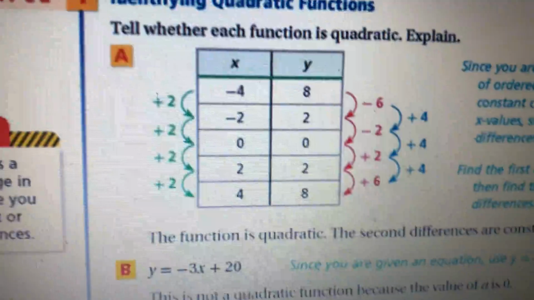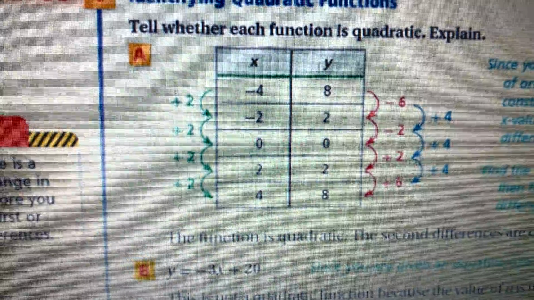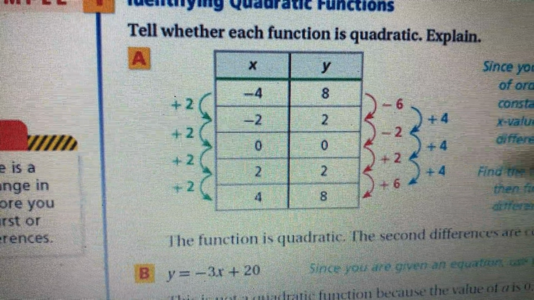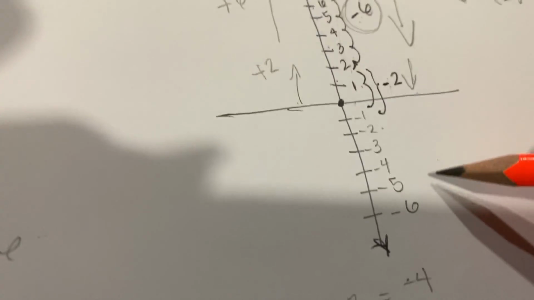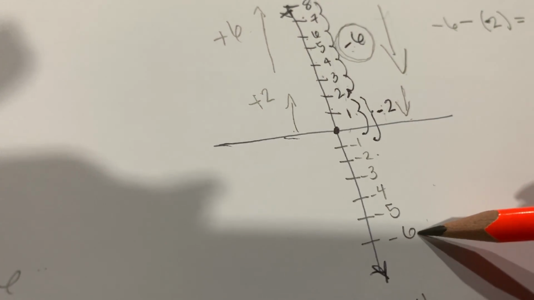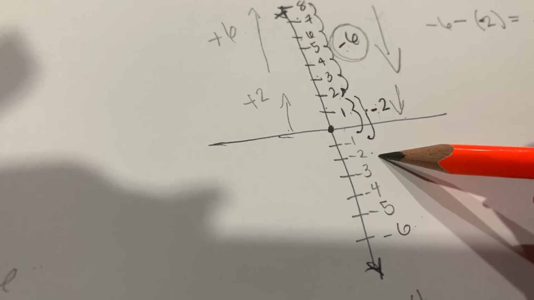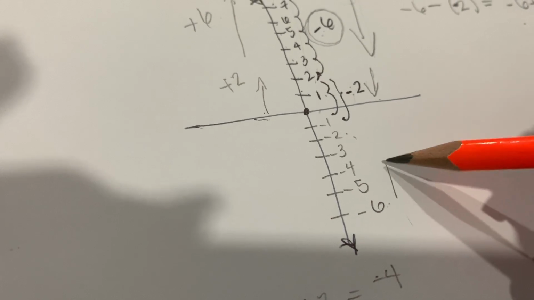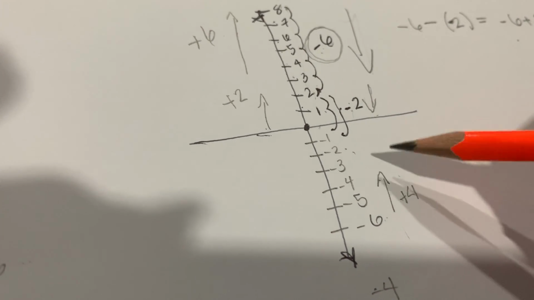Now you must be wondering, where does this difference come from? This difference comes still from the y-axis, which is the vertical axis. If I show you over here the bottom part of the axis, if I stand on -6 and I want to go all the way to -2, that means I will be going up 4 spaces.